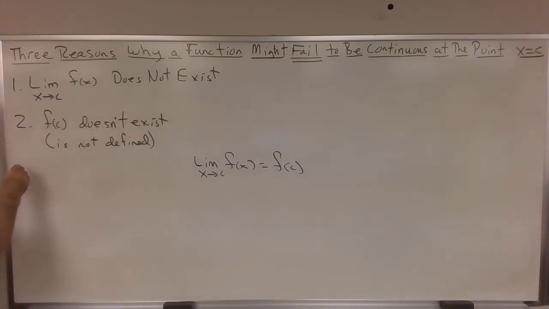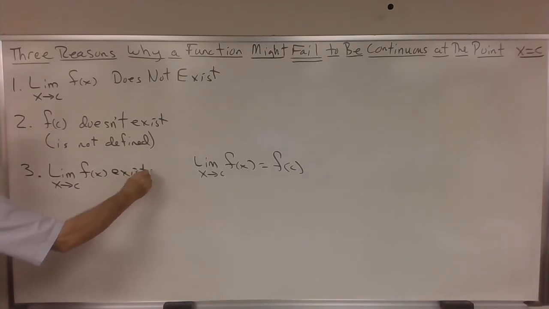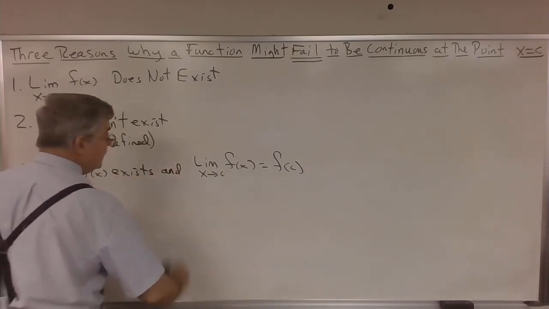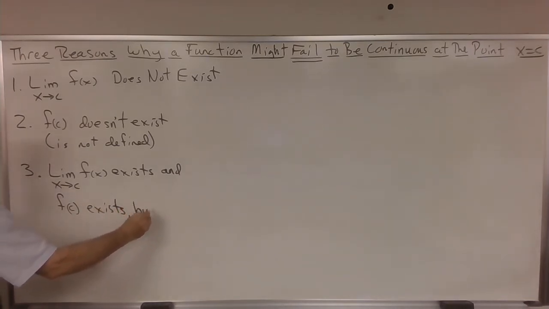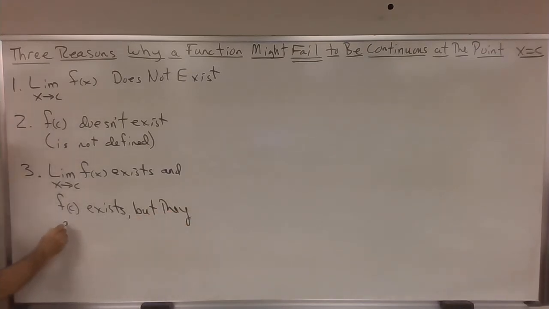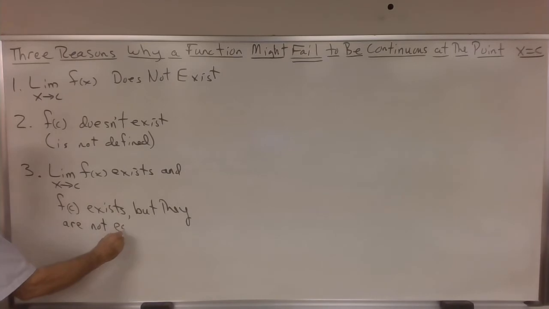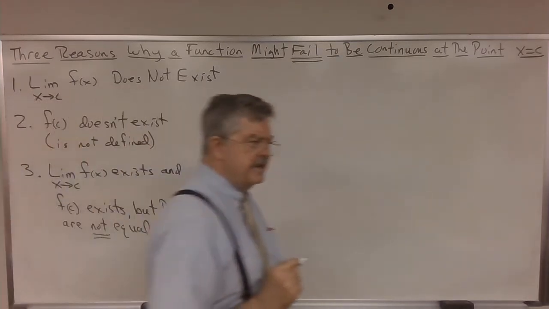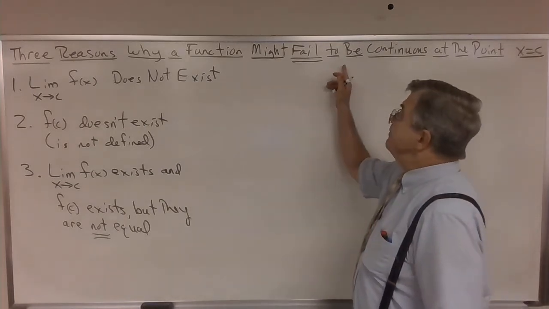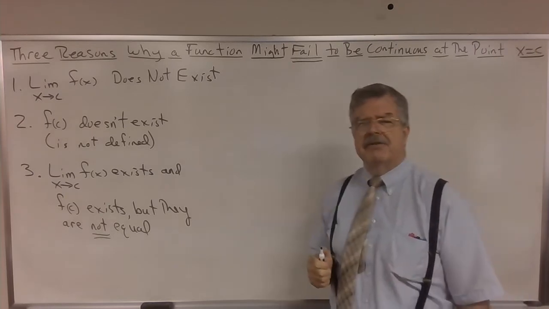So that's the third scenario. So those are the three reasons why a function may fail to be continuous at the point x equals c.